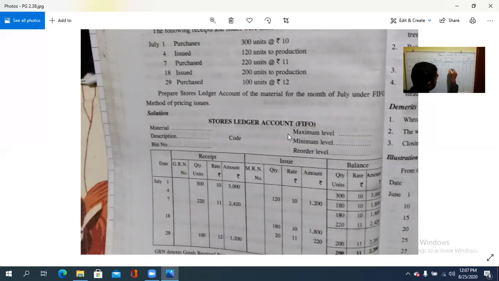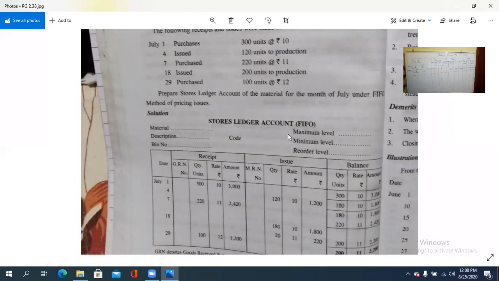Under FIFO, what is available? From the July 1 lot of 300 units, 120 units are issued, at the price at the receipt, that price itself. So how much? 1200. So 300 minus 120 is 180 at 10 is the price, and 3000 minus 1200 is 1800. Clear? In this way, the second transaction.